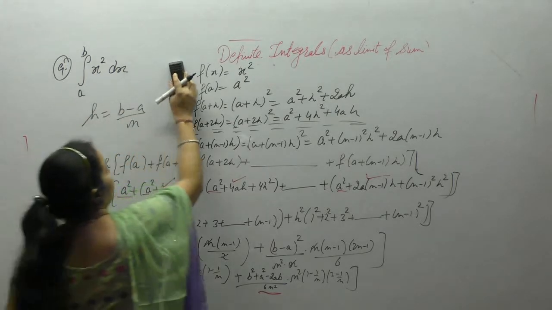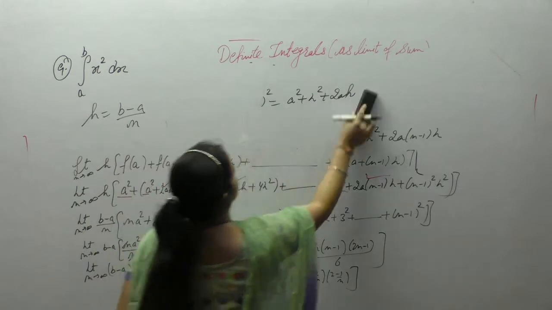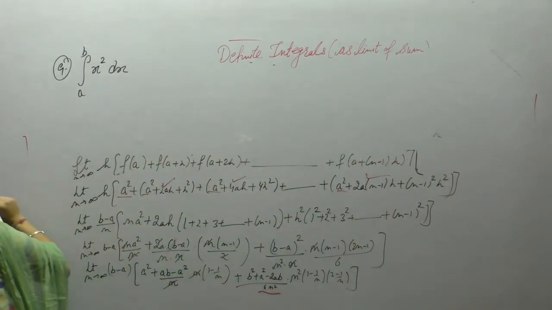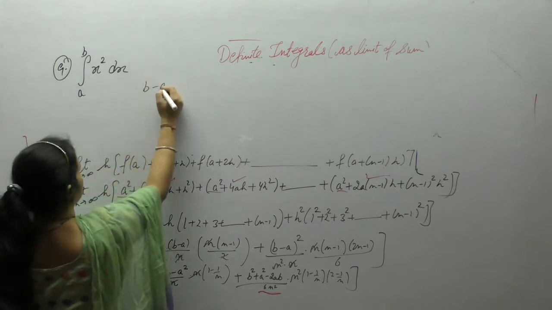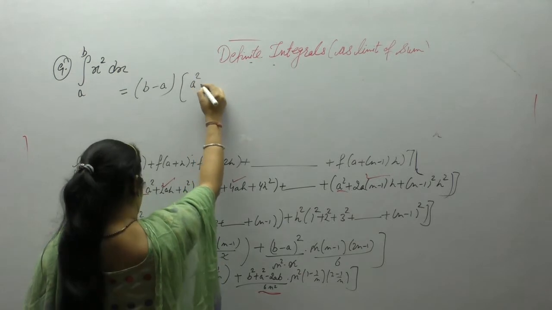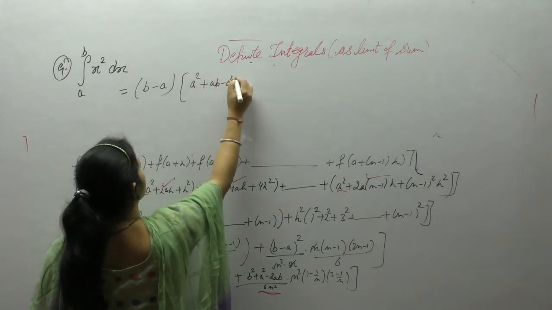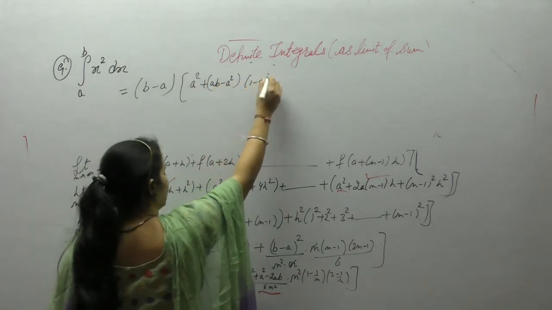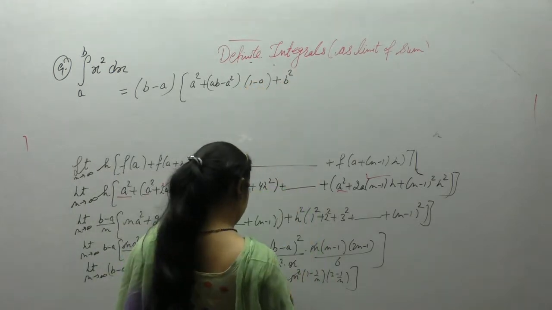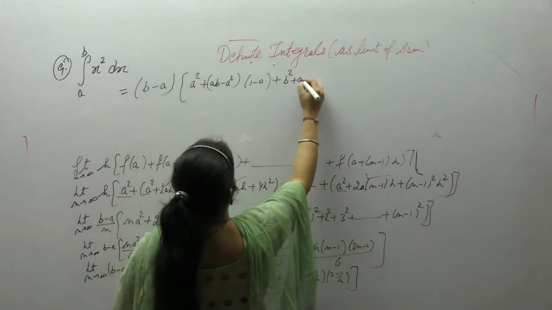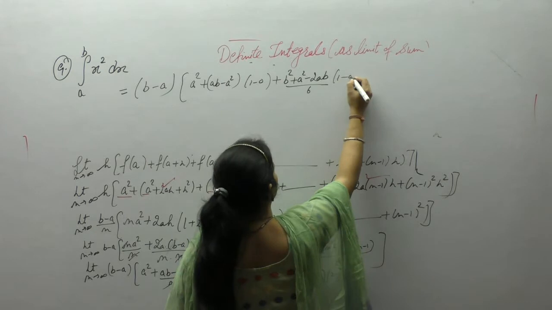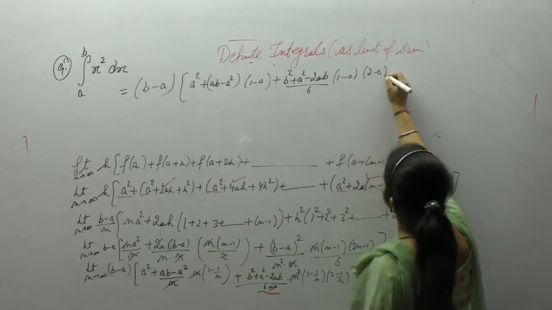Now in the next step, (b minus a) [a square plus a(b minus a)(1 minus 0) plus (b square plus a square minus 2ab) upon 6 (1 minus 0)(2 minus 0)].